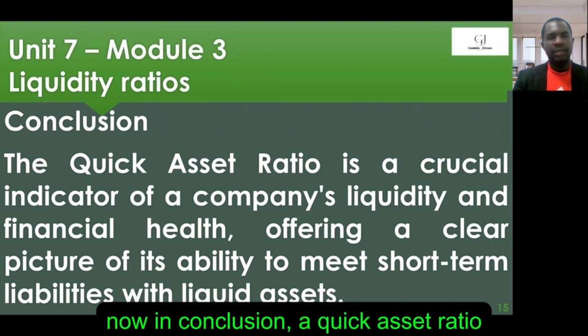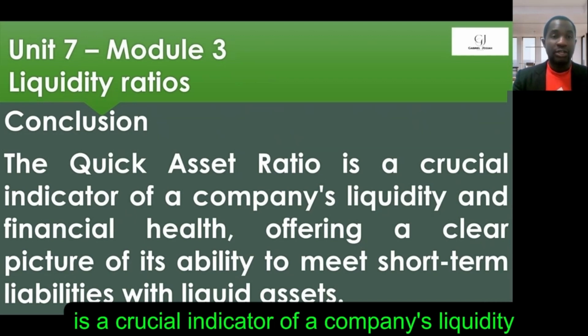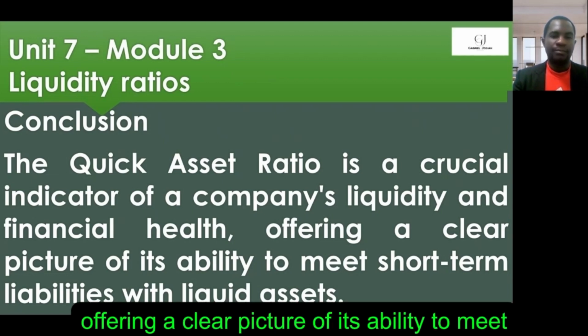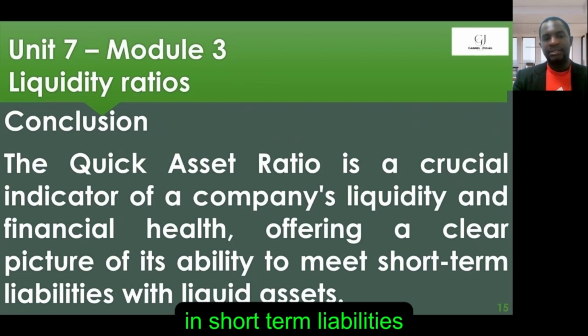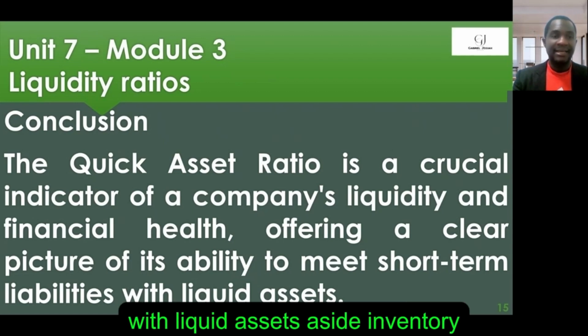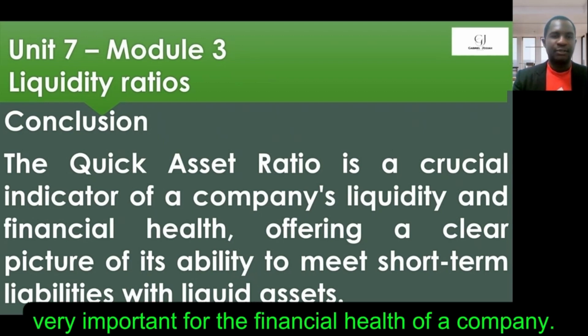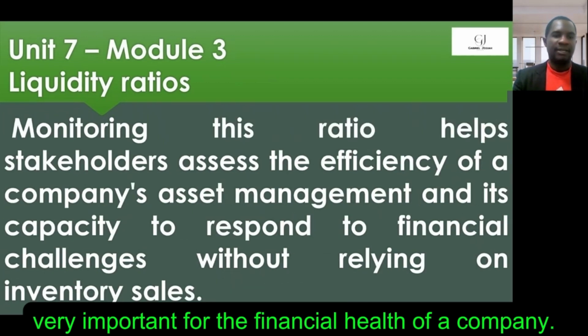Now, in conclusion, a quick asset ratio is a crucial indicator of a company's liquidity and financial health, offering a clear picture of its ability to meet its short-term liabilities with liquid assets aside from inventory. So it's actually an acid test, and passing this test is very, very important for the financial health of a company.